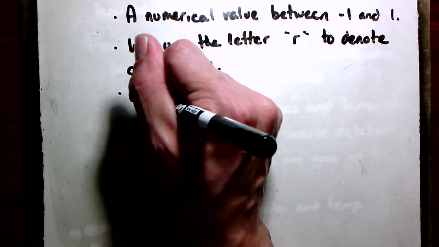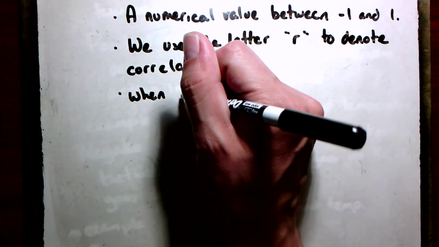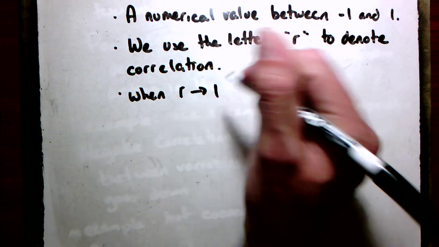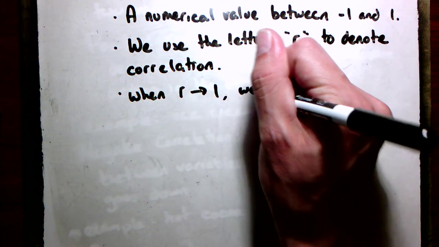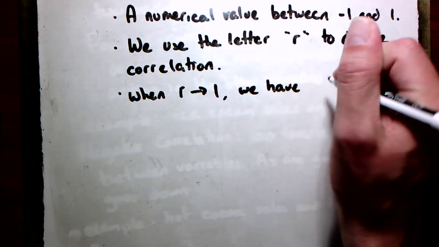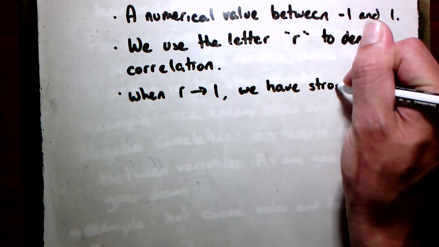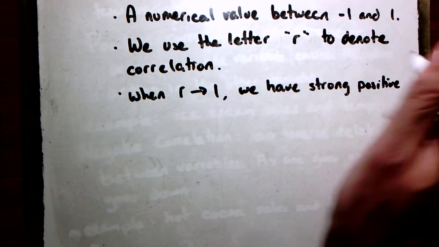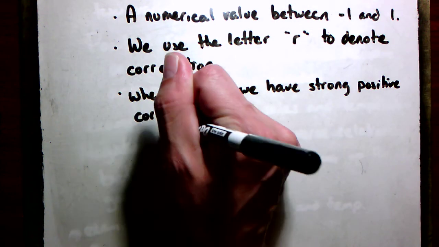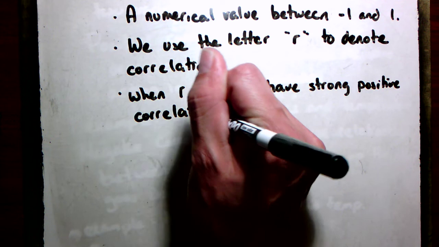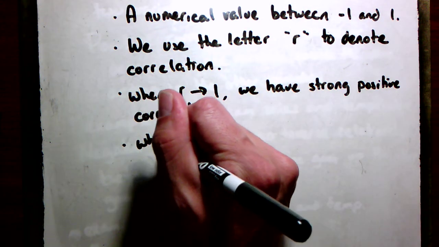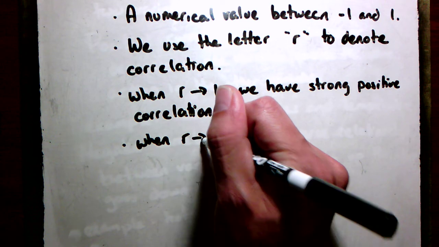When R is close to +1, we have strong positive correlation. And when R is getting closer to -1, we have a strong negative correlation.